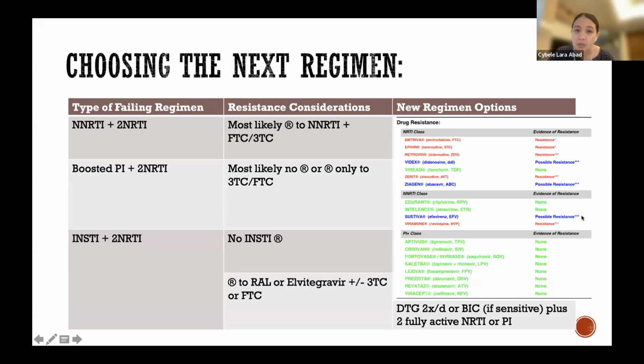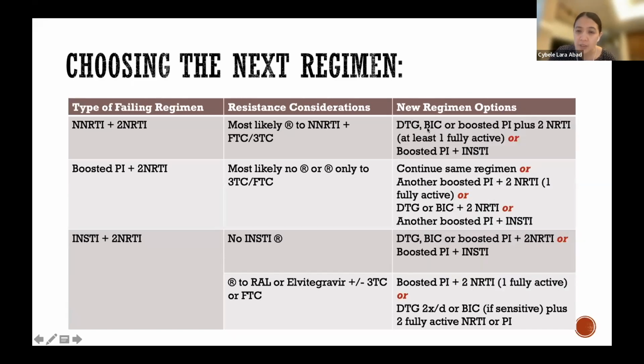And so what are his new regimen options? His new regimen option is actually dolutegravir, an integrase inhibitor, which is the newer drug that we're now giving everybody who's starting ARVs, TLD as opposed to TLE. Bictegravir is also another integrase inhibitor, but it's not yet here in the Philippines.